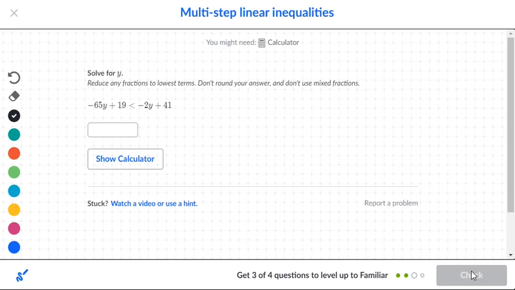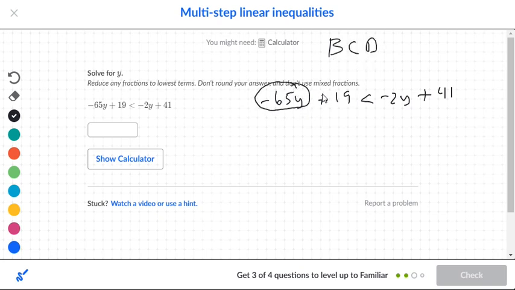Okay, next question. I have negative 65y plus 19, inequality sign, negative 2y plus 41. BCD. Circle my letters, box my numbers, circle my letters, box my numbers.